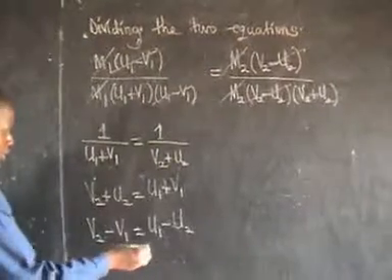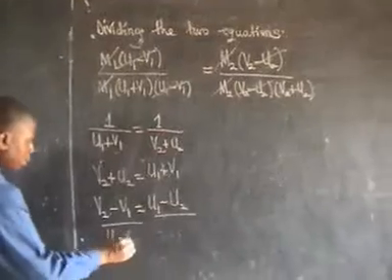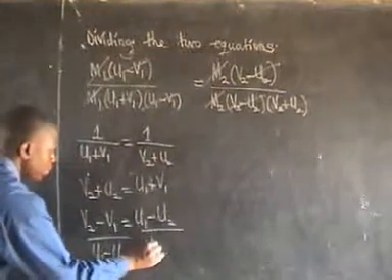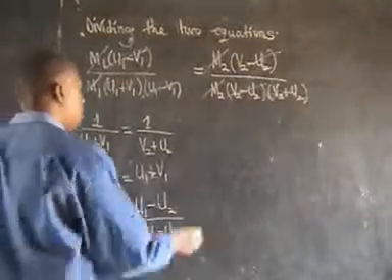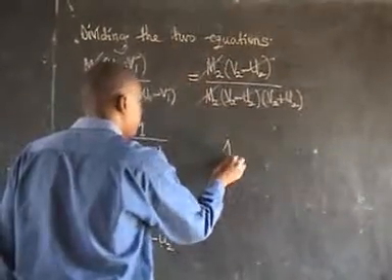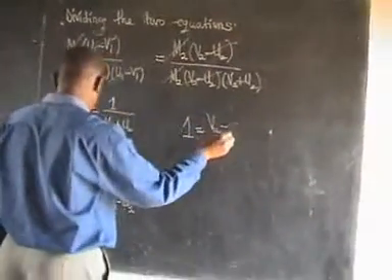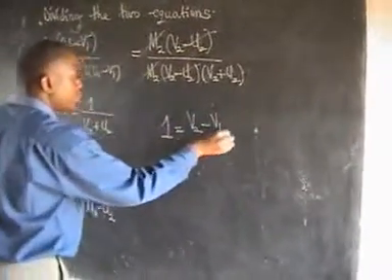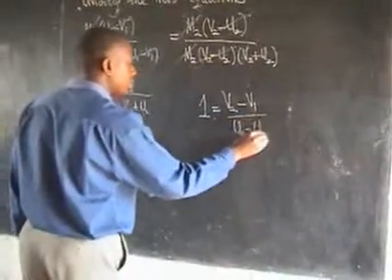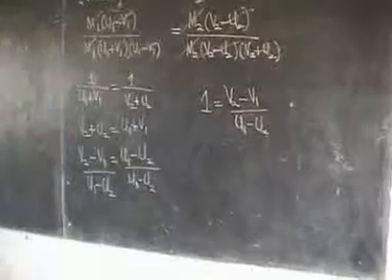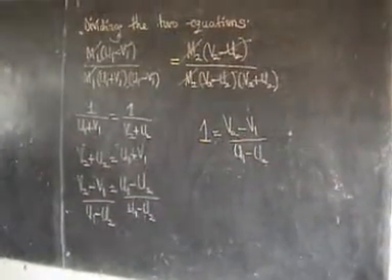And when you divide on both sides by U1 minus U2, you will eventually get 1 is equal to V2 minus V1 divided by U1 minus U2, which is actually the required expression.